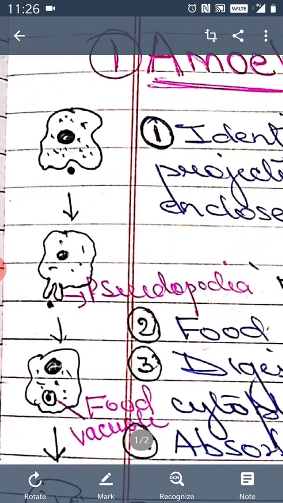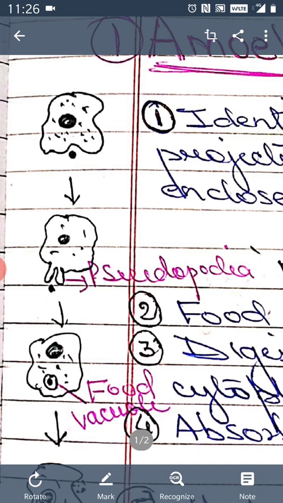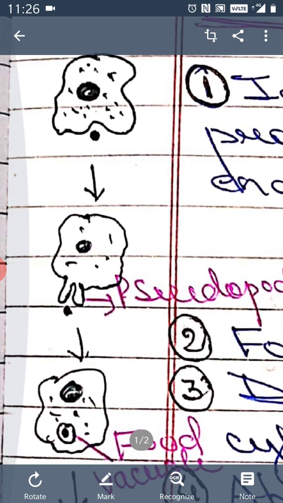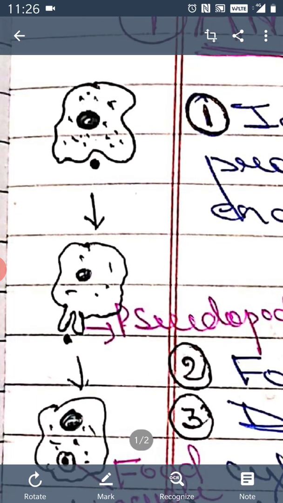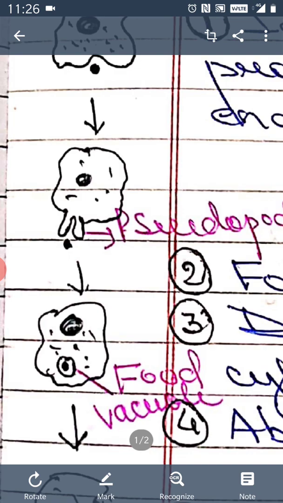Whenever amoeba identifies a food particle, in the first diagram you can see the black dotted point, that is the food particle. Whenever amoeba comes across a food particle, the cytoplasm is going to flow and form finger-like projections known as pseudopodia.